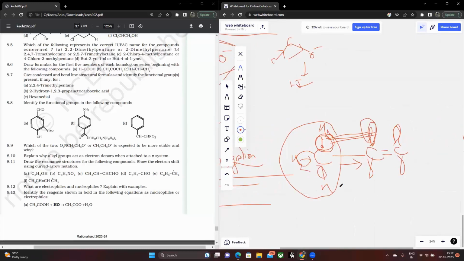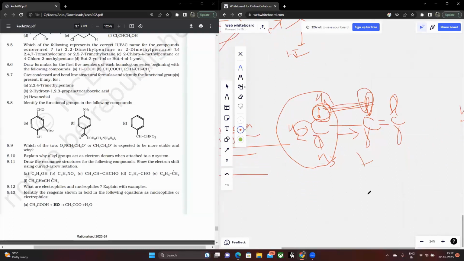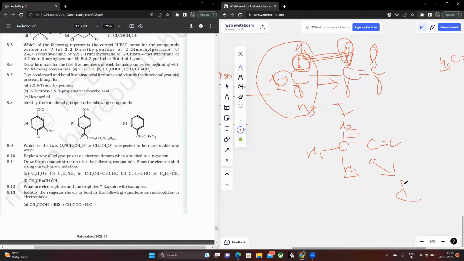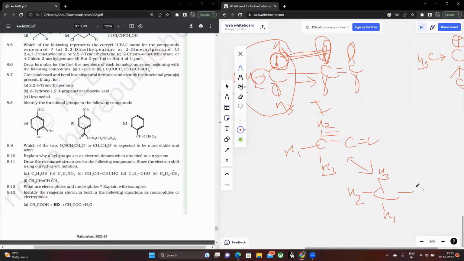But since there are 3 CH bonds, if I mark them as 1, 2, 3, this can rotate itself to make H2 at the start and H1 here, H3 here, something like this, right? C double bond C, and this can hyperconjugate. Or this can also rotate itself to form something like CH3 here, H1 here, H2 here, and then C double bond C, and you have a hyperconjugation of the CH3 bond, right?